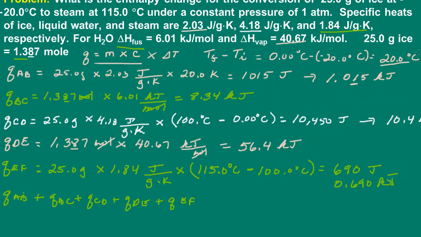So let's see, this Q here was 1.015 kilojoules plus B to C, 8.34 kilojoules. And here we have 10.4 kilojoules. 1, 2, 3.